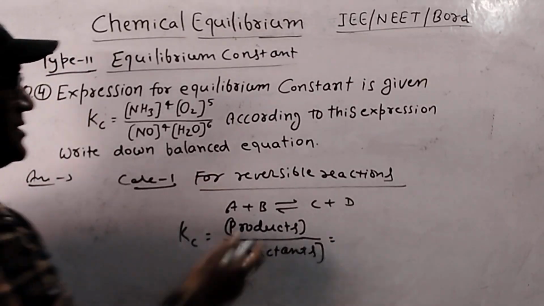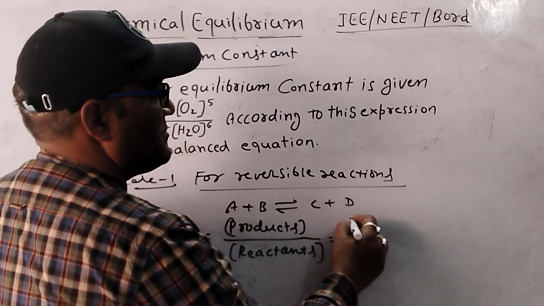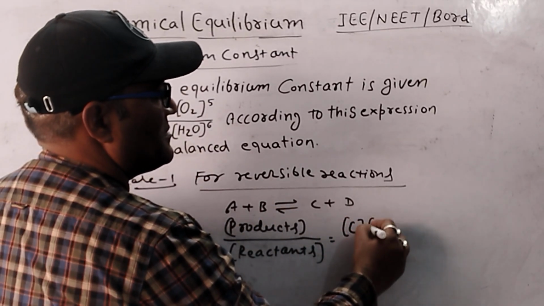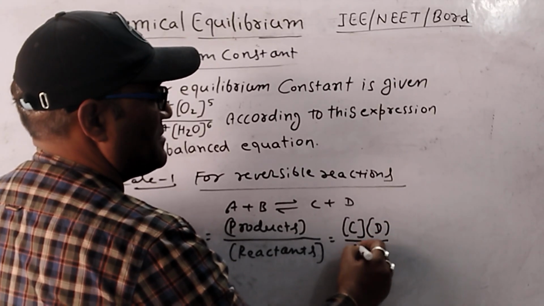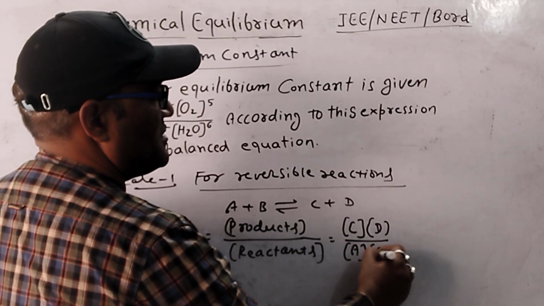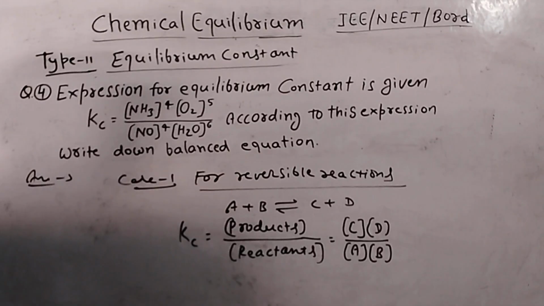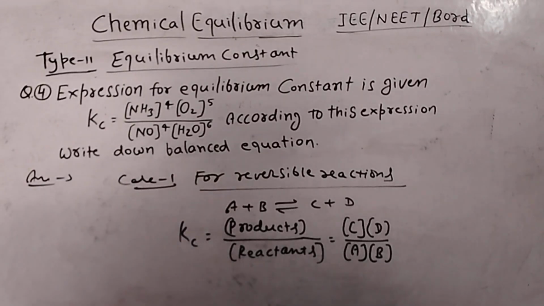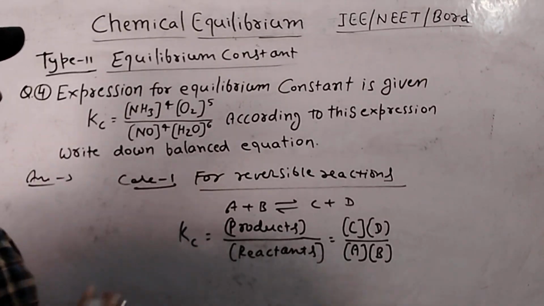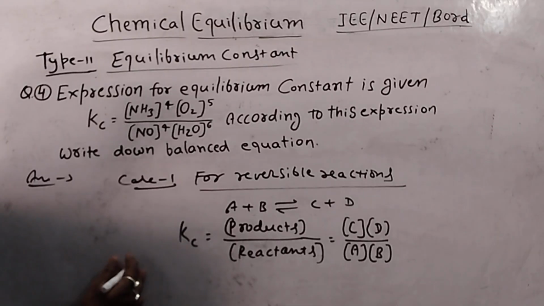According to this equation, concentration of C into concentration of D divided by concentration of A into concentration of B. Okay, this is case number 1. Now in case 2, you can take a screenshot.